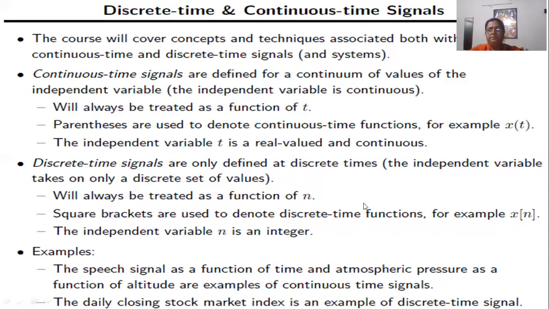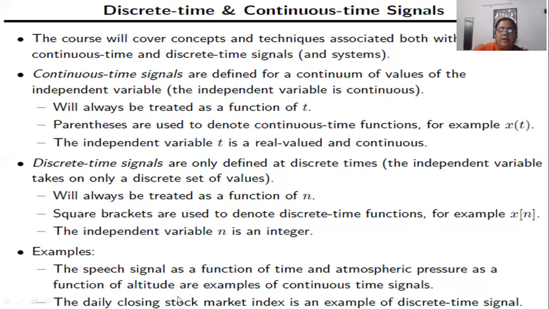So in continuous time, x and time are enclosed in a small bracket, and here the small x and n, the regular samples which we are taking, are enclosed in a square bracket. Now the independent variable n is an integer.